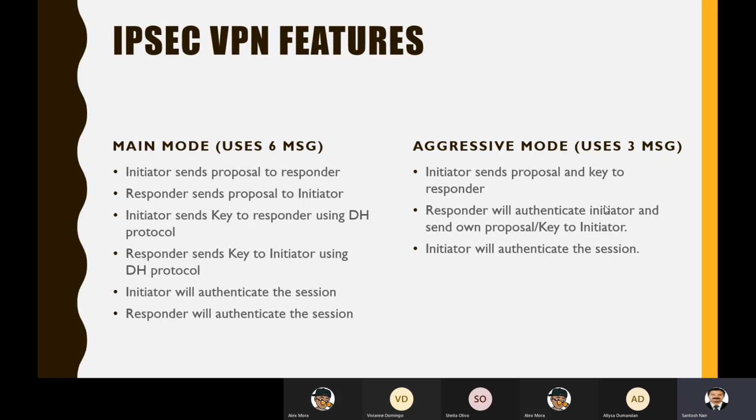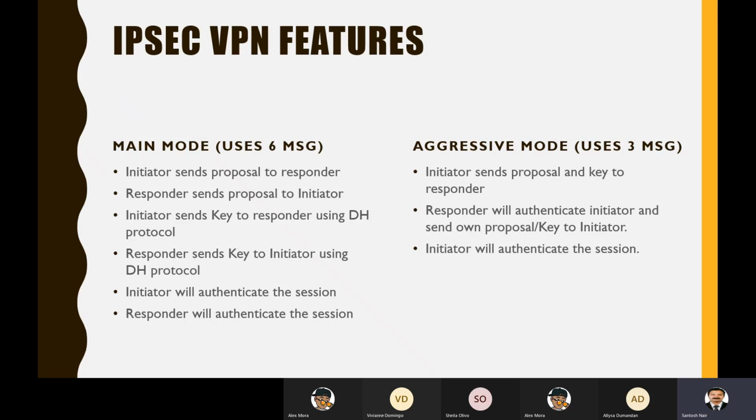Before that, it will authenticate the initiator. And finally, the initiator will authenticate the responder. So this is how it happens in aggressive mode. Aggressive mode is mainly used in remote access VPN. The main mode is used in site-to-site VPN.